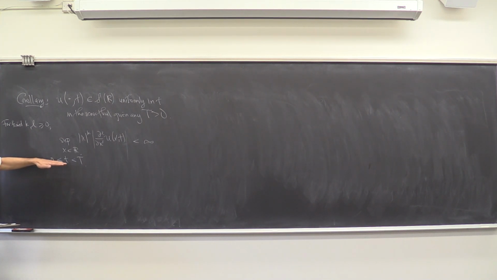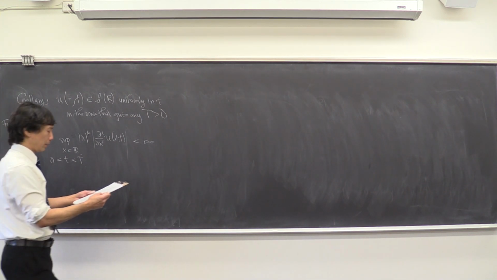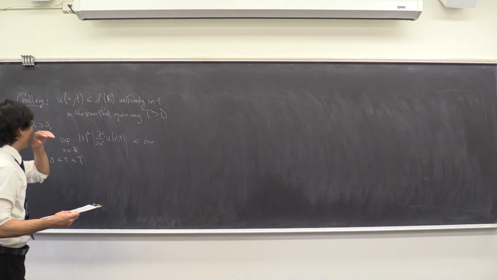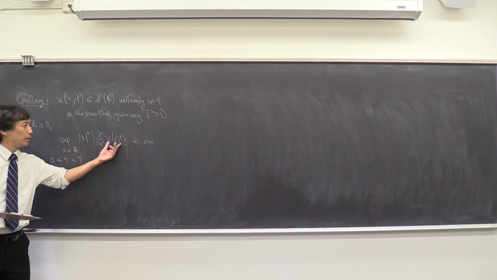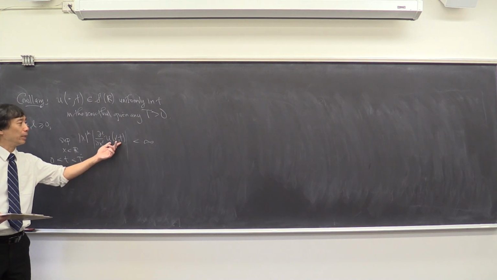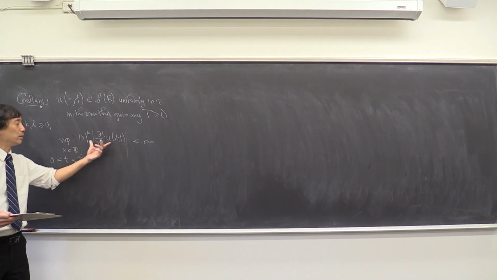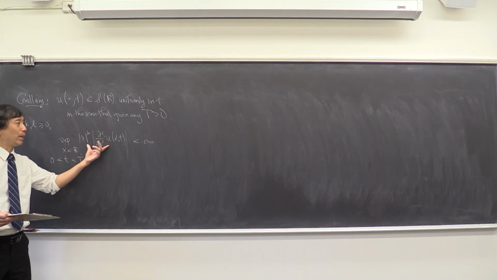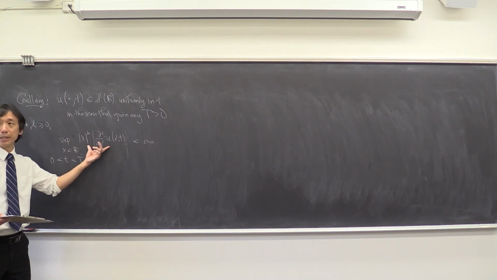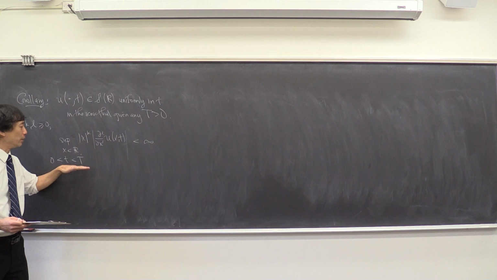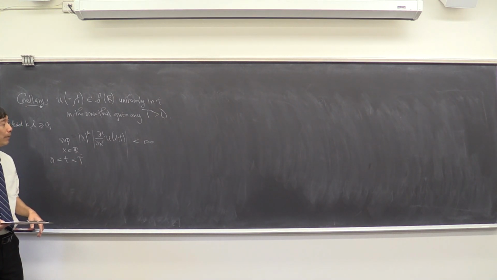So uniformly in t. In other words, not only are these rapidly decreasing in x, but the supremum of this thing is finite, independent of t. So they're uniformly in the Schwartz class.